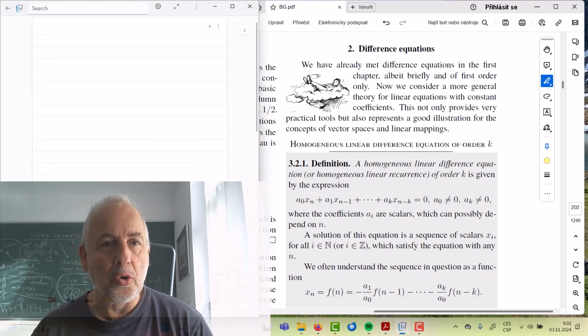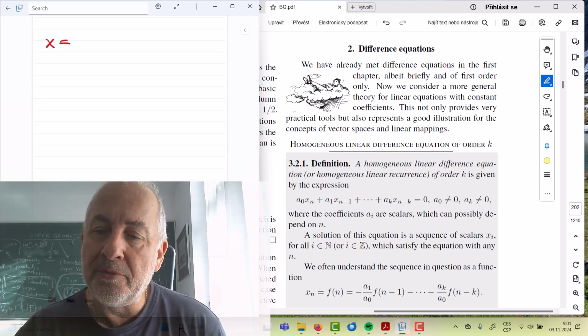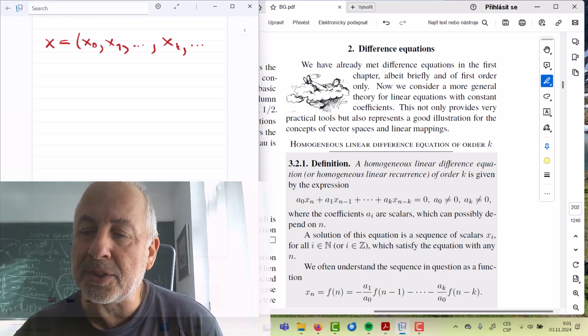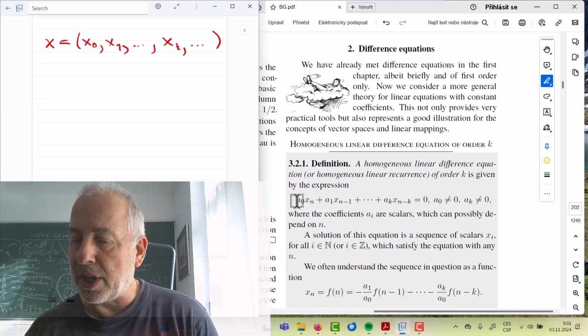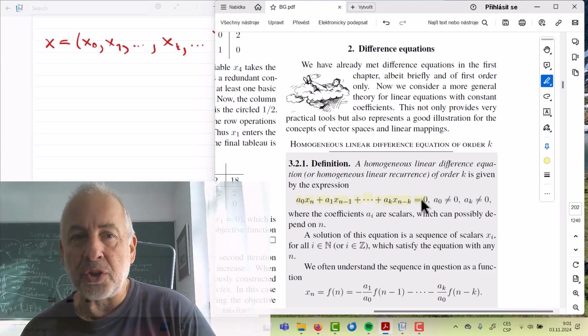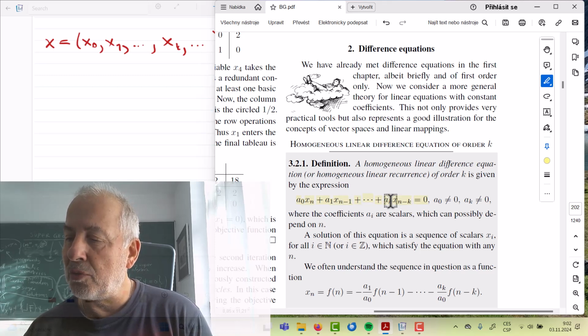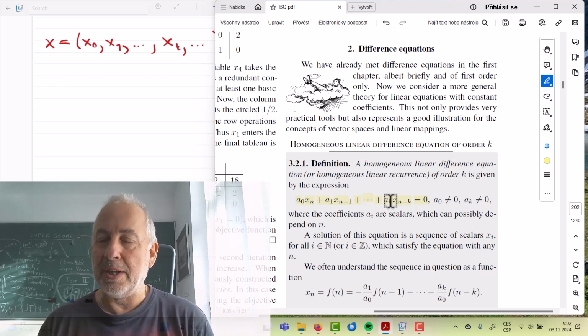We've got an unknown infinite vector of values x0, x1 and so on up to xk and so on, that goes to infinity, and we have a definition of how the nth value depends on the k previous ones, and that's what we call a difference equation of order k. We saw them in the first week already a little bit.